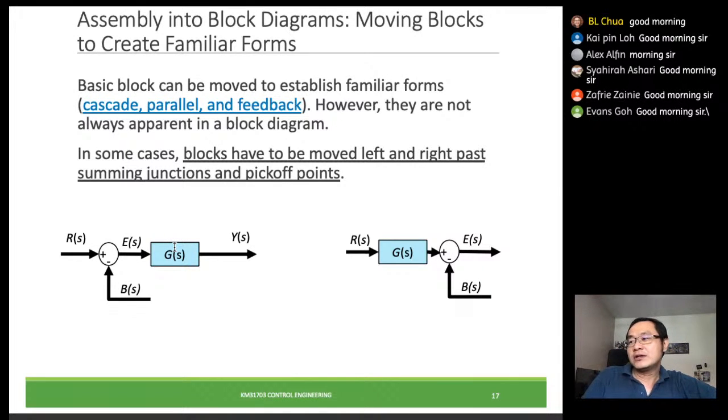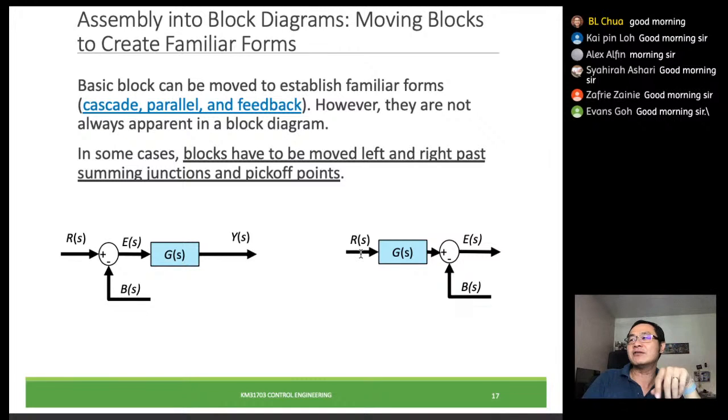Sometimes we want to move this over here so that we can do some operation on this side, the right hand side. Sometimes we want to move it in so that we can form maybe a closed loop for our transfer functions.